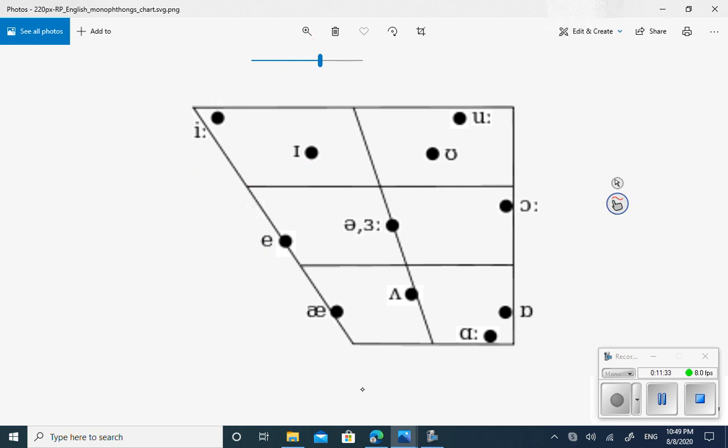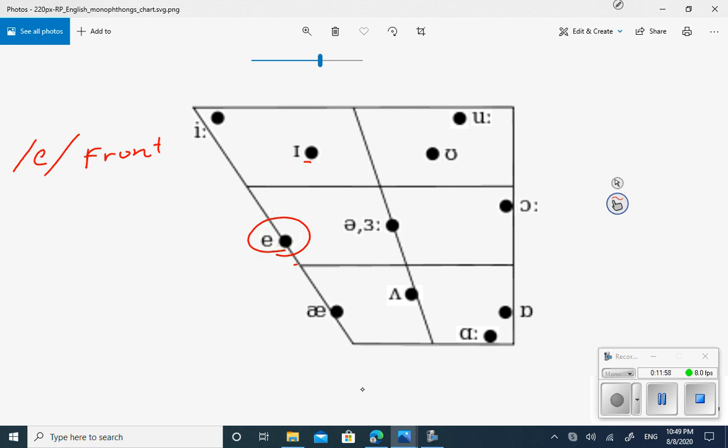The third front vowel is the e sound. It is a front one, which means that you use the front of the tongue in the production. Where is it?